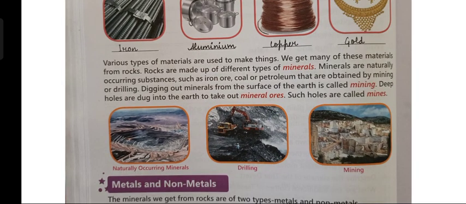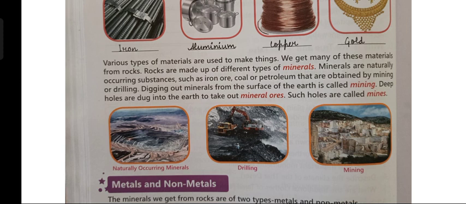Now, children, what is mining? So, digging out minerals from the surface of the earth is called mining. When we dig out the surface of the earth to take out the minerals, this process is known as mining.